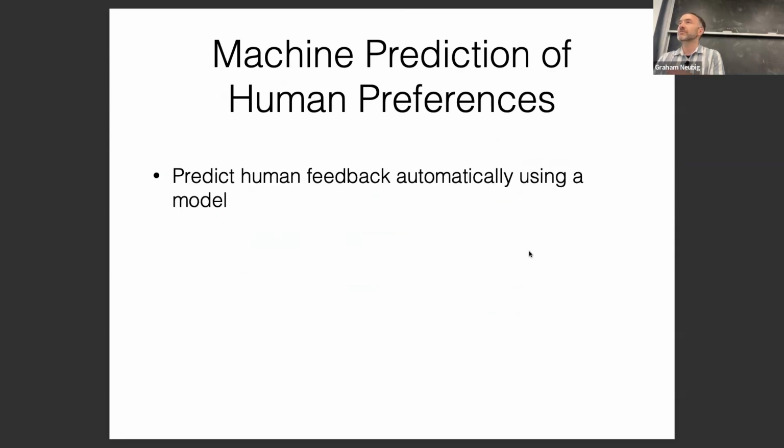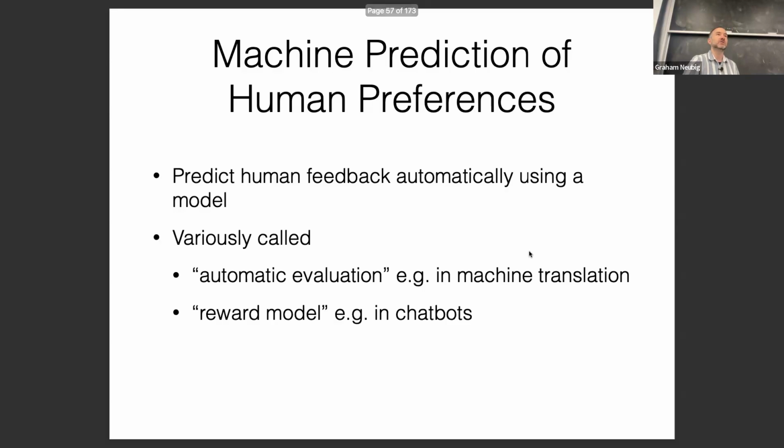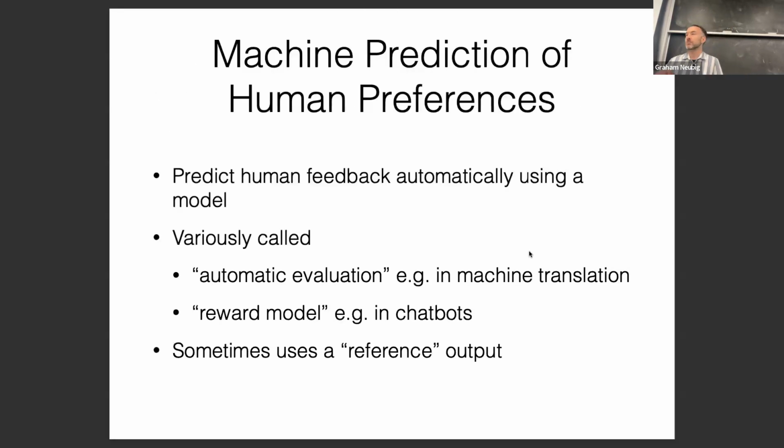If you have some sort of human annotations, you predict them automatically using a model: automatic evaluation, reward models. Sometimes this uses a reference output. For example, if you're evaluating translations, reference-based evaluation would use a human translation as a reference. Reference-free evaluation would use no human translation as a reference and just try to evaluate the input and output.